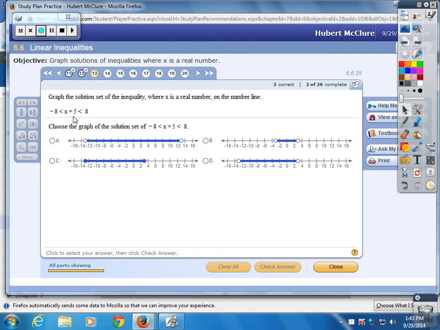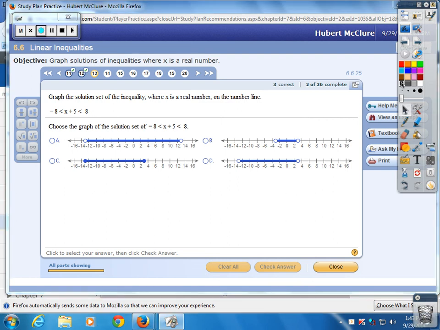Okay, now this one, you do have to solve it. You want x by itself. This one says negative 8 is less than x plus 5, which is less than 8.